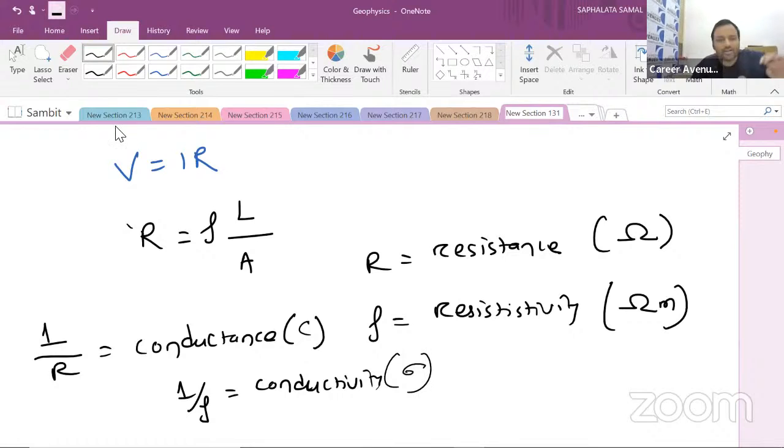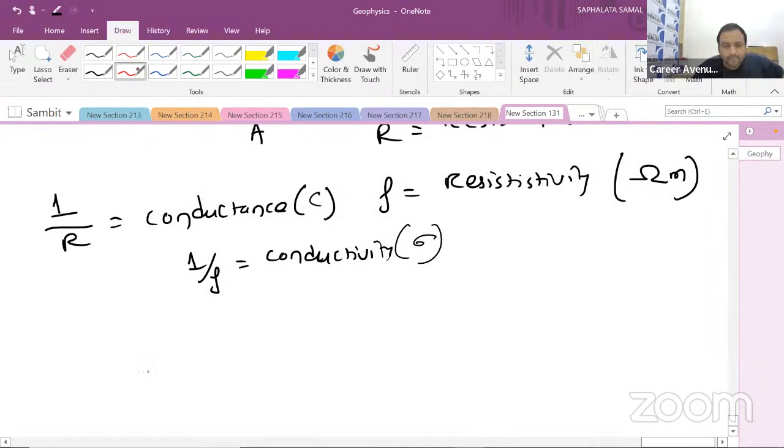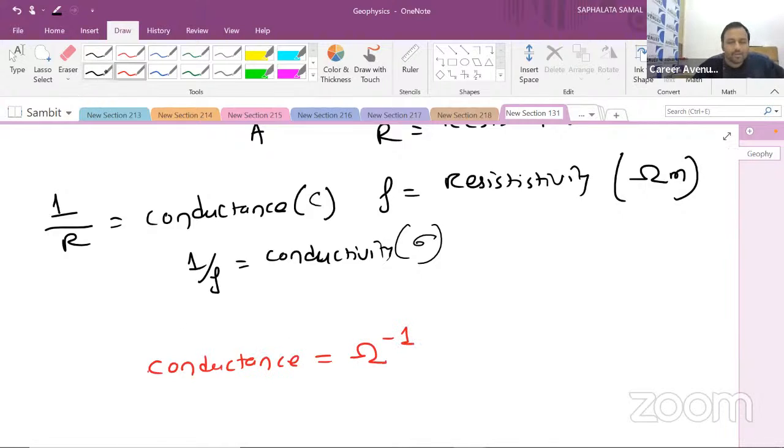The unit of conductance would be ohm inverse, and the unit of conductivity would be ohm inverse meter inverse. This is conductivity.